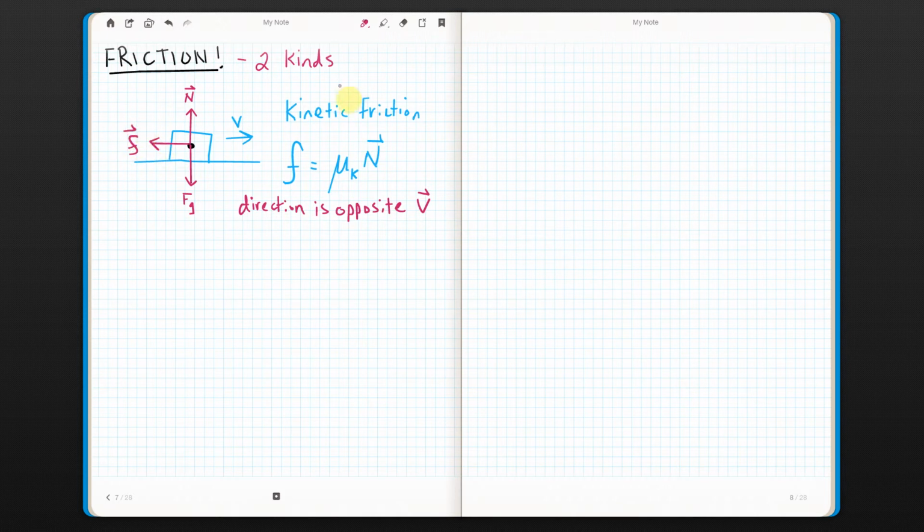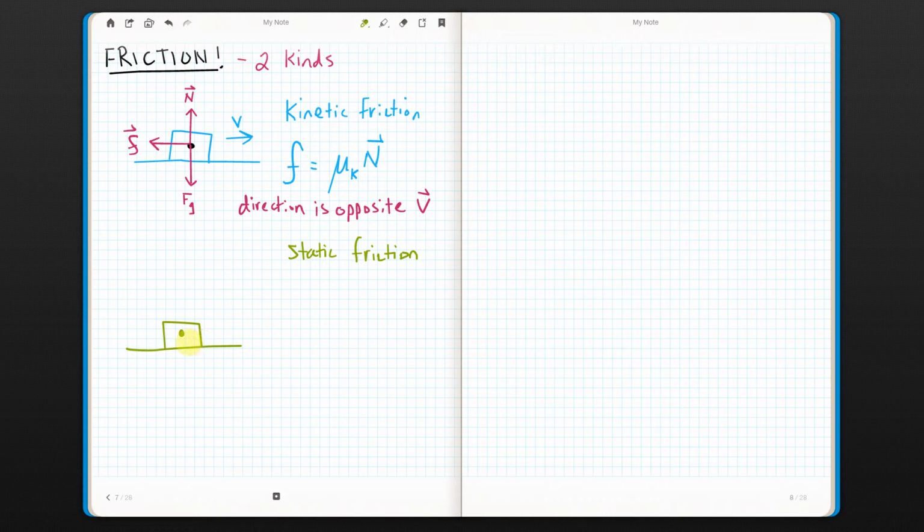Okay. The other kind is called static friction. Okay, this one's a little bit more complicated. Static friction is that force that you're fighting when you're trying to make something slide across the floor. So let's say here's another box, and I'm giving it a push.